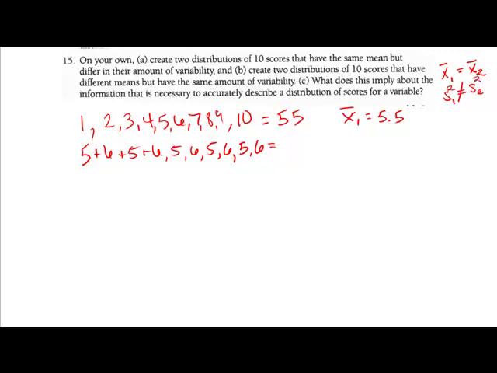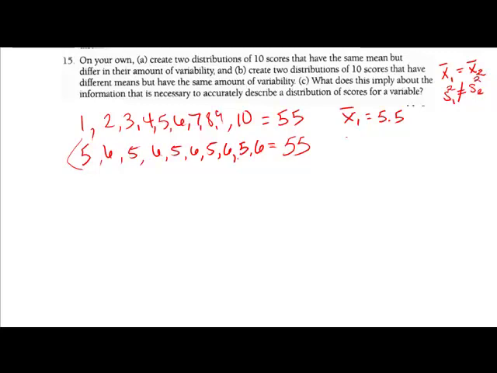They're all 5s and 6s. And if you notice, what I've done is 5 plus 6, 5 plus 6, 5 plus 6, 5 plus 6, 5 plus 6. They add up to 11. I've got that 5 times. I've got 55. There we go. Now, are they going to have the same amount of variability? No, they're not. Because I already know how much this group of data here is going to vary from the mean.